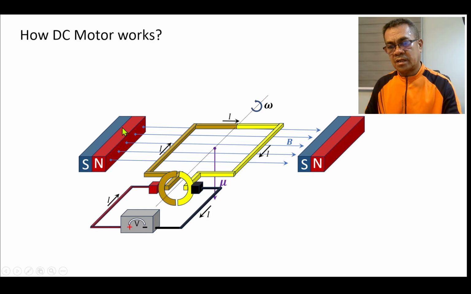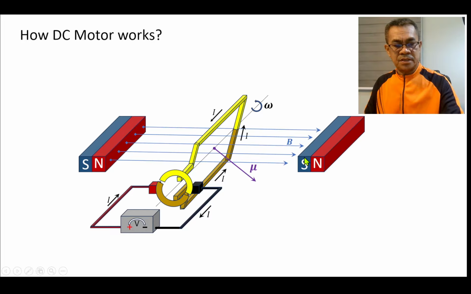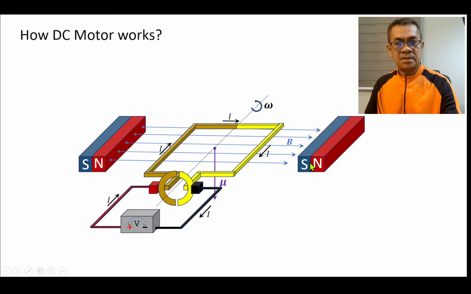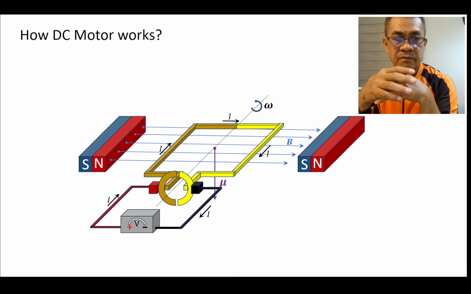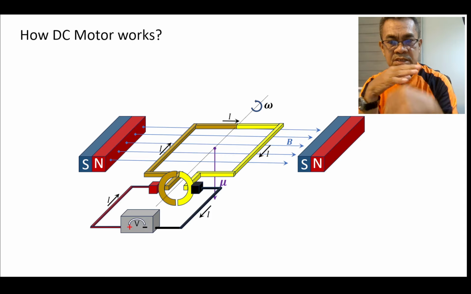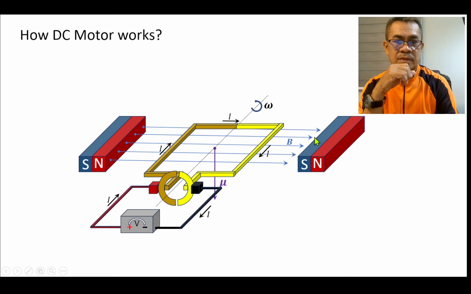Take note, in a permanent magnet we always have the north and south. So in this case, I have north and I have south. Now we have another magnet here, south, north. Therefore, this north will interact with south. If you reverse this to north and north, the problem is the magnetic field is diverging. In this case, the magnetic field is directed towards this one.